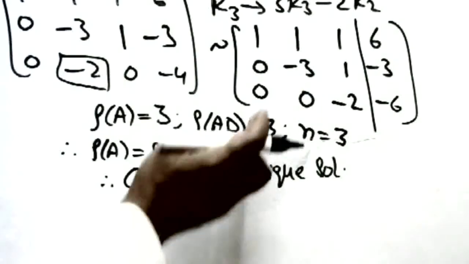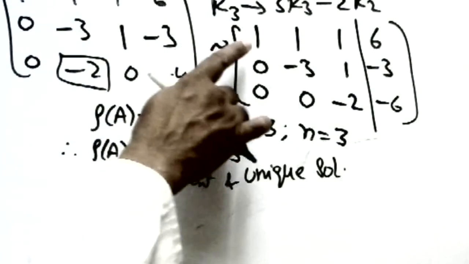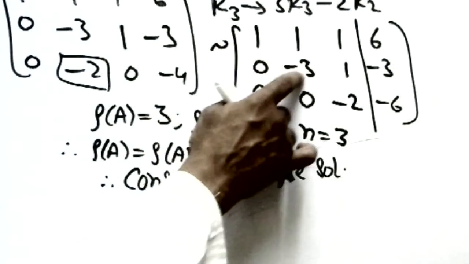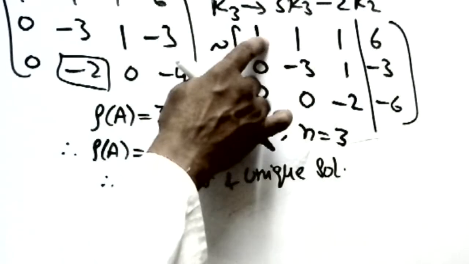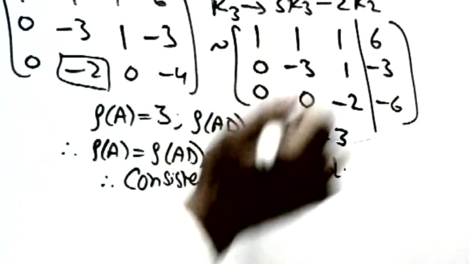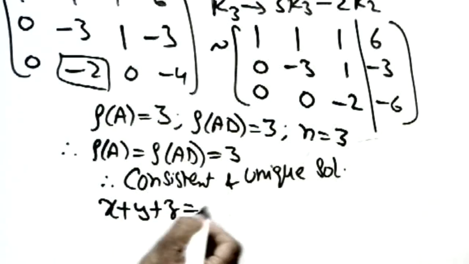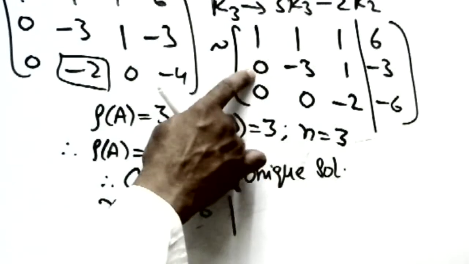Now how to find the solution? You see here, in the last step before making 0, again you do one thing. You keep x y z, x y z, x y z. 1x means x, so it will be x plus 1y will be y plus 1z means z equals 6.